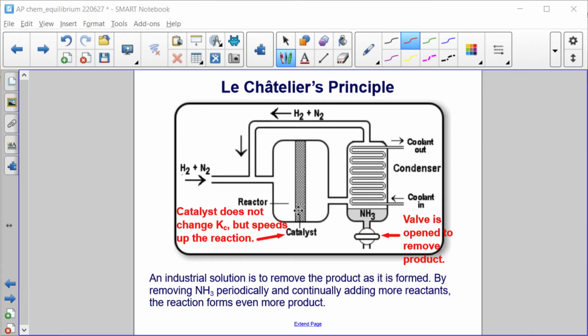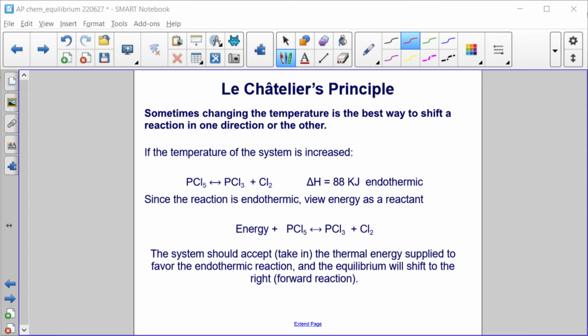The catalyst that you see here does not change the Kc, it doesn't change the equilibrium constant. It just works to speed up the reaction, to happen at a faster rate in the industry. And so what we do is we open a valve here to remove some product. And we know that if we decrease the concentration of a product, we then shift the reaction towards the creation of more product.